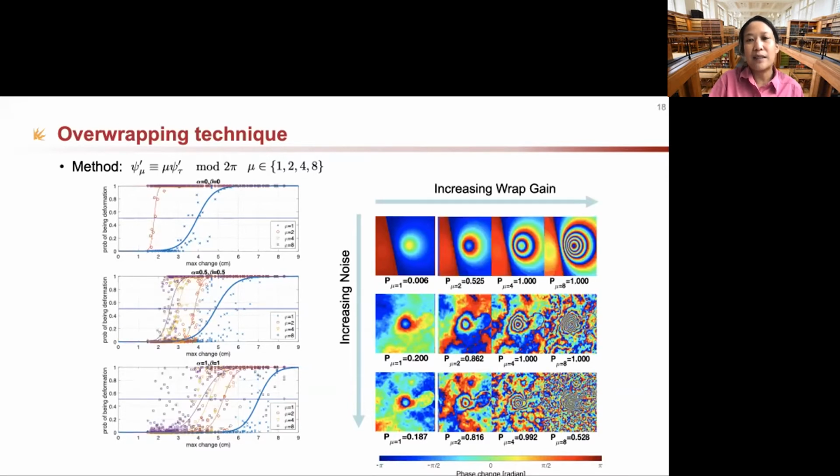When some gains are applied, the signal has more fringes. However, if you rewrap too many times, the CNN could be confused because the noise starts having small fringes too. As you can see from the bottom right image, the probability is dropped. So we propose using the average of the probability of 4 gains. We use the gains 1, 2, 4, and 8 here.